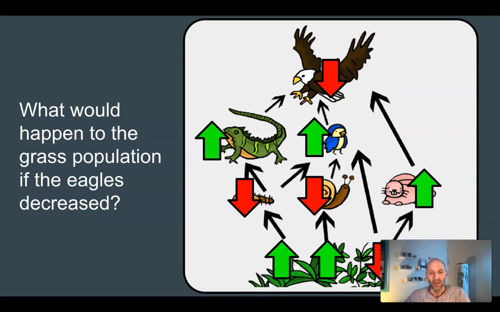Sometimes in food webs, there is no easy answer to say if eagles decreased, that grass would increase or decrease because there's so many connections between all of the different organisms. If you can explain all those connections, you're in good shape.